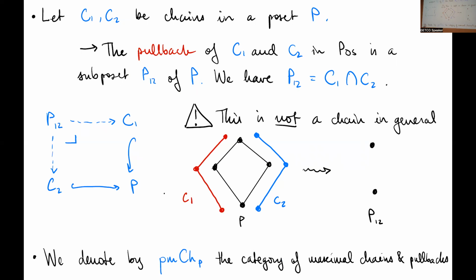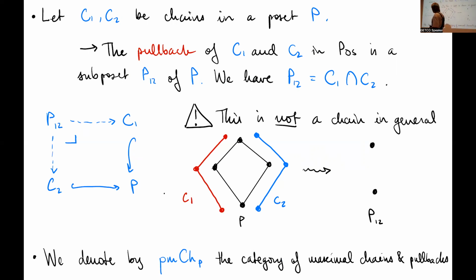For example, if we have this diamond shape, we have two maximal chains. If we take their pullback, we get just a discrete poset on 2 points. So this is not great. Again, we can take all of the chains, but really what we want to do is reduce the number of chains that we have to calculate our persistent homology along, right?